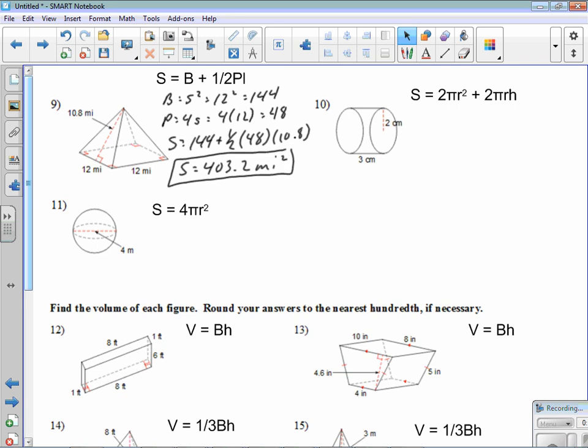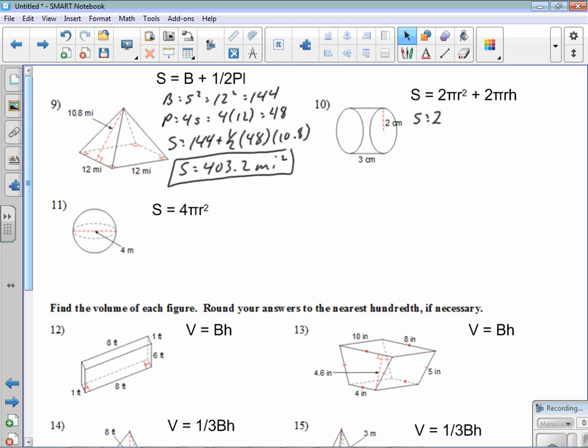All right, number 10, we have a cylinder. Follows the formula 2 pi r squared plus 2 pi rh. And so that makes it a little easier since we're just plugging in the radius.